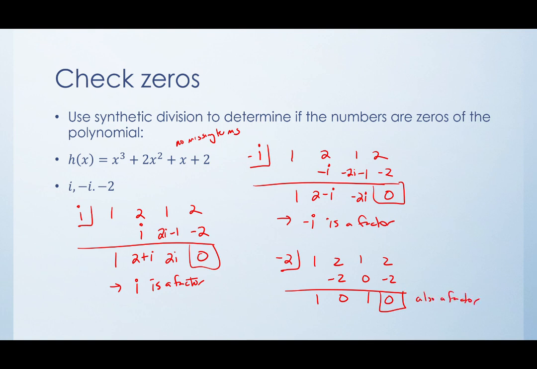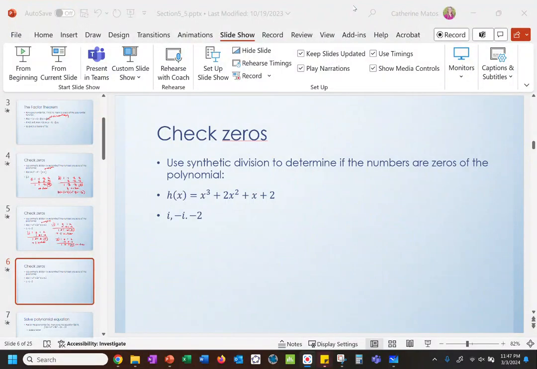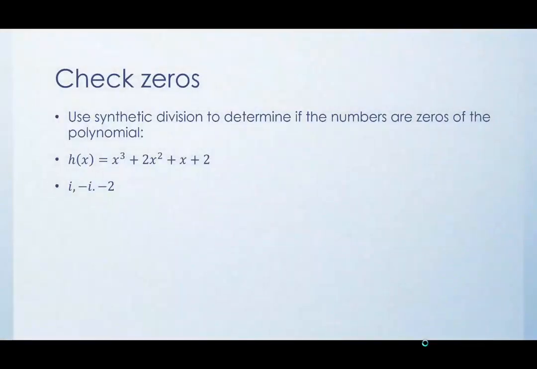Now, I'm going to pause this for a minute and show you a better way to have done this. I duplicated the slide here. When we did it in the previous slide, when we checked each of these numbers to see if they were factors, we started over for each one. And we really shouldn't do that. There's no need. Once we find that one's a factor, we keep going off the same thing.